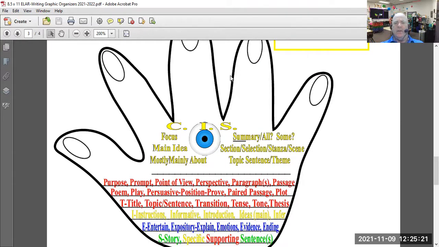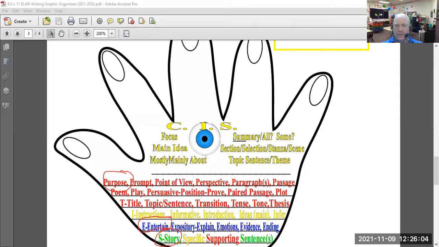So if we take a look at how this can work, I want you to notice that it has the word purpose there, and our purpose is a story. It's just a story written in third person, and it's to entertain, but we've got to decide, is the entertainment just to have a good time, or is there a conflict and a resolution?